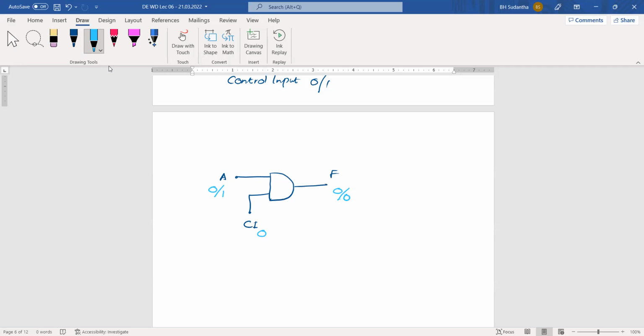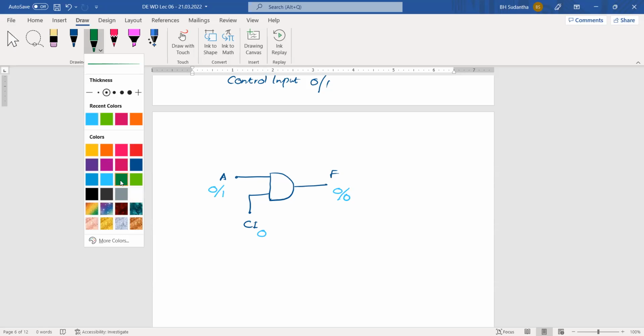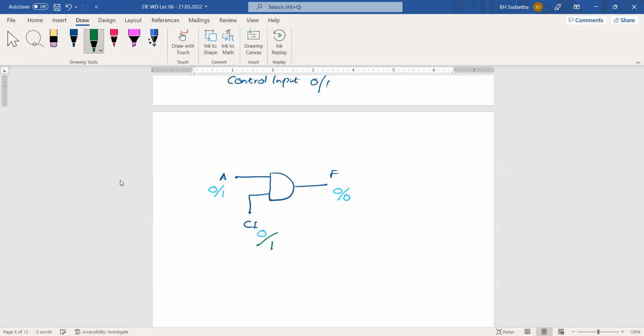Whether A is 0 or 1, output will be 0 when the control input is 0. Now, assume that control input is 1. When control input is 1 and A is 0, what is the output value? It's 0.